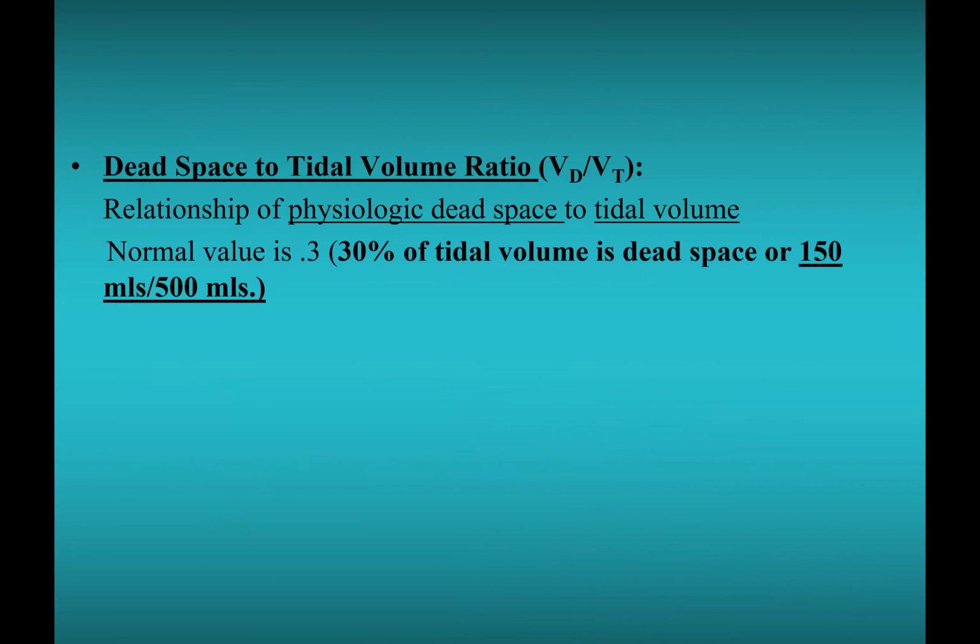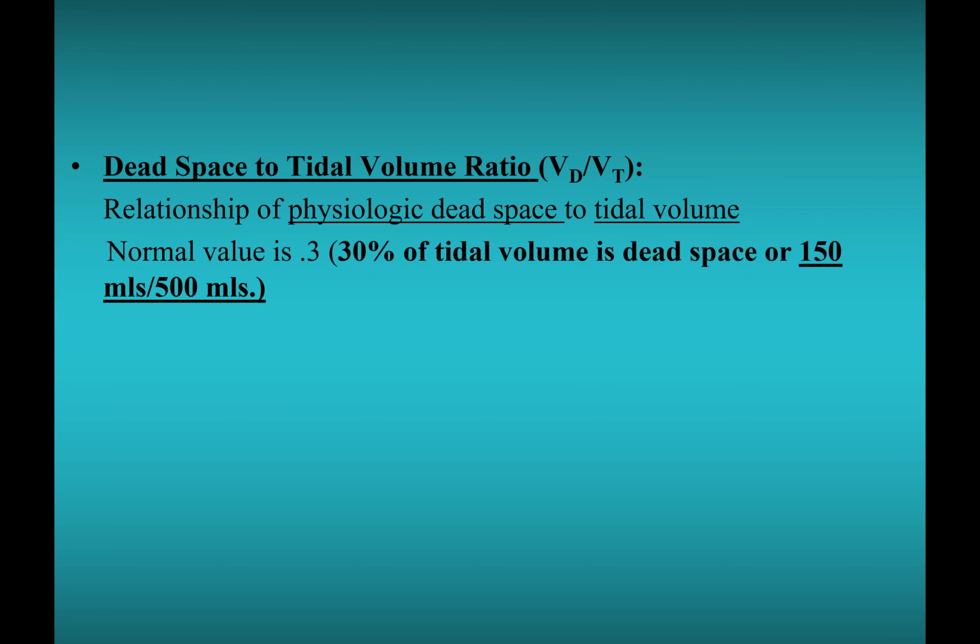More terminology here. Dead space to tidal volume ratio is abbreviated VD to VT, and we're referring to the relationship between physiologic dead space and tidal volume. The normal value for this is 0.3: 30% of the tidal volume is dead space, or 150 mLs, which we already said. A typical tidal volume, as a review, is about 500 mLs.